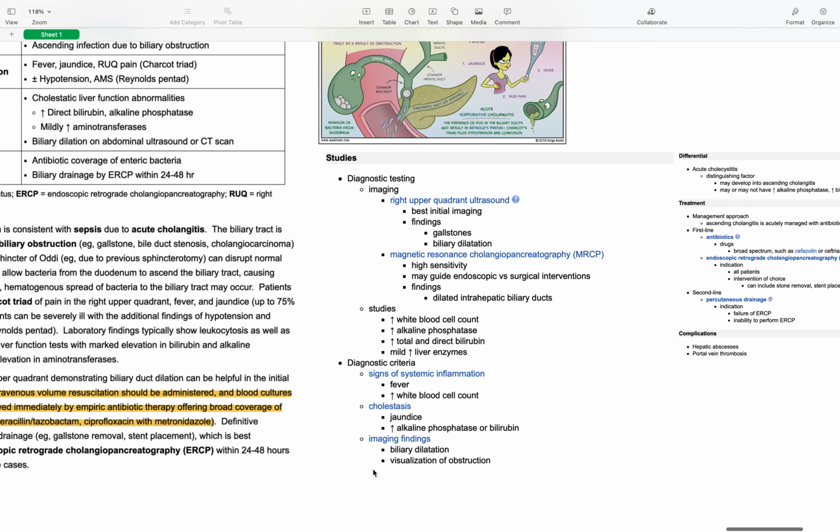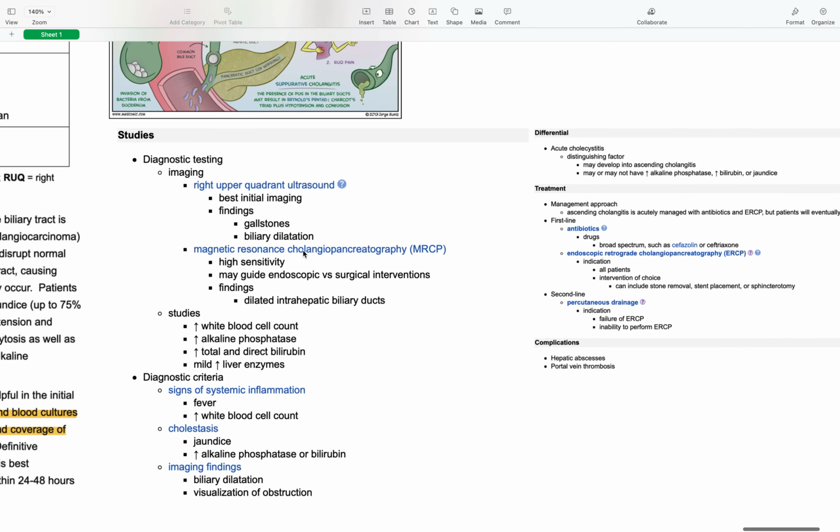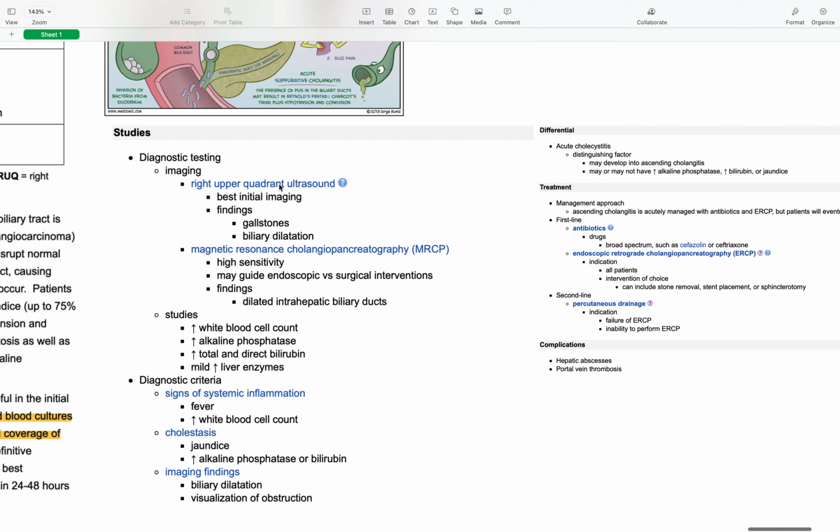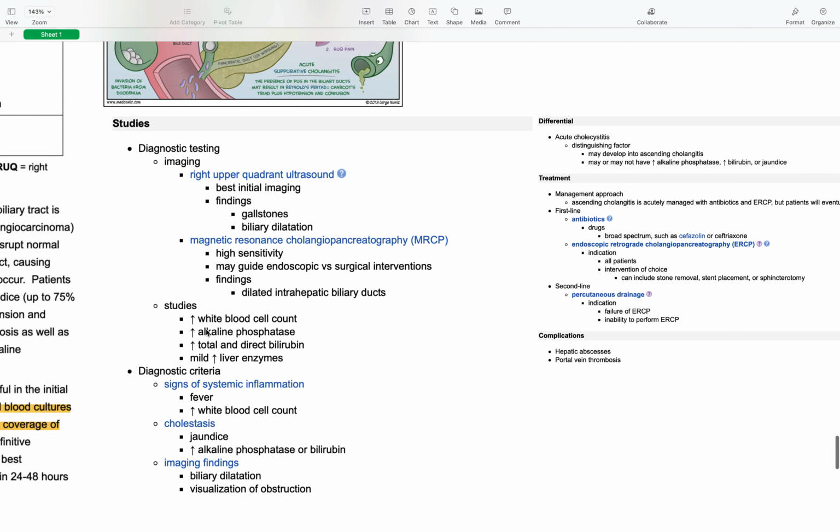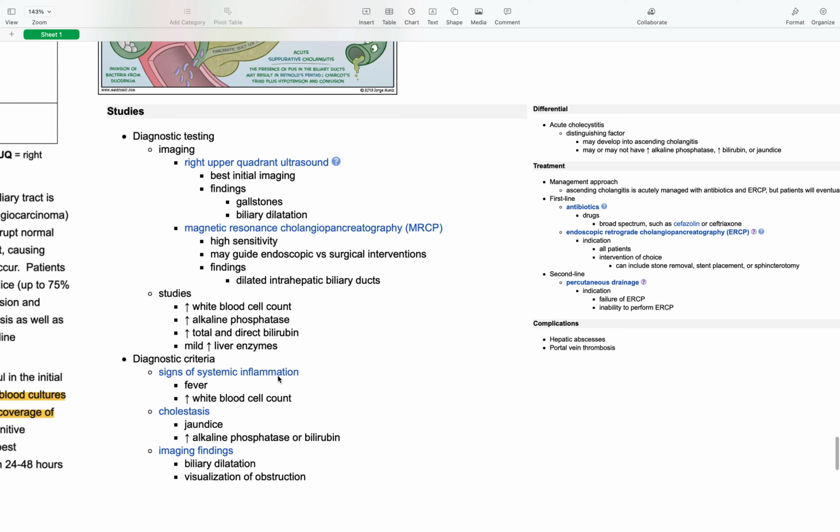obstructing stone. So as we said earlier, the best initial test is always a right upper quadrant ultrasound. MRCP is highly sensitive and may guide endoscopic versus surgical intervention. Okay, and the labs will show a high white blood cell count because of infection, high alk phos, high total bilirubin and direct bilirubin, mild increase in liver enzymes.